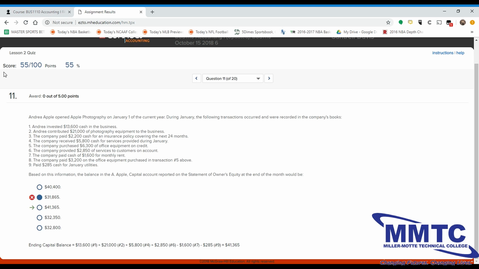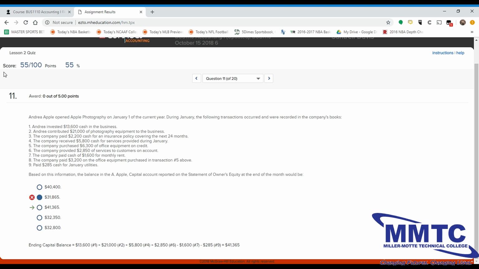Plus $58 cash for services. We know the revenue goes. Minus $28 for services to customers on account. So they were right, we have to record that revenue because it's already earned. Minus $1,600 for rent. Minus $285.